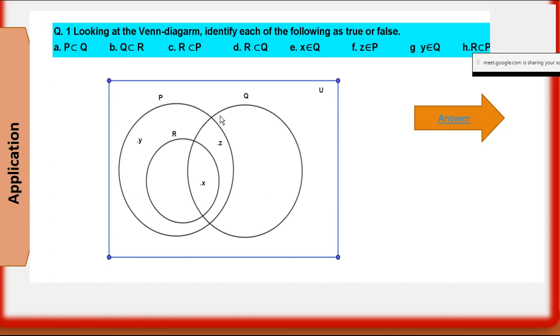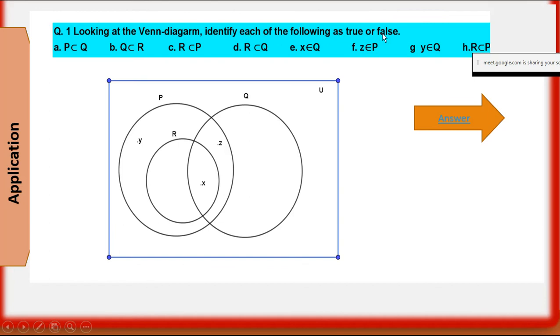So you have to observe this Venn diagram which is shown here. P, Q, U, and R are the sets. X, Y, and Z are the elements, given at particular places. Looking at this Venn diagram, identify each of the following as a true or false relation.